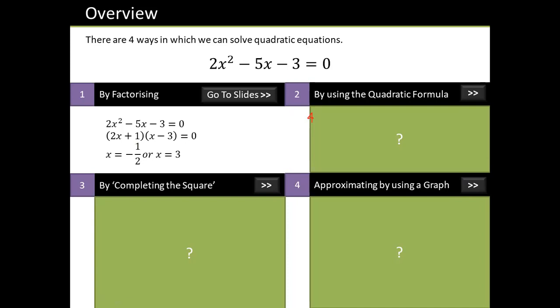Okay, just like the example 2x squared minus 5x minus 3 equals 0. So we will factor it out so that the factors are 2x plus 1 and x minus 3 equals 0.